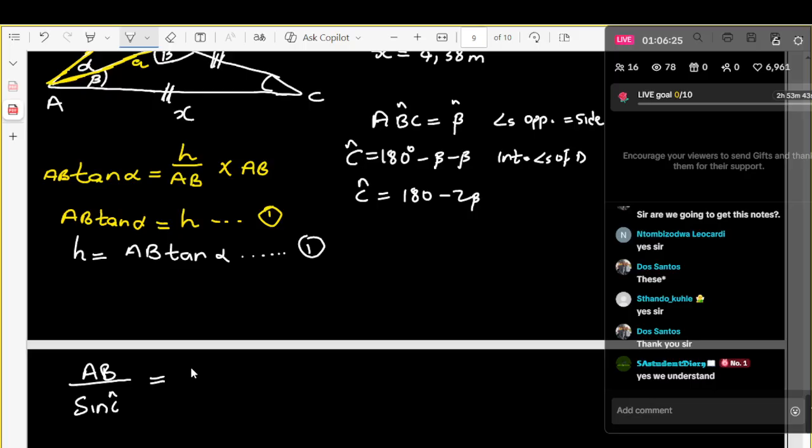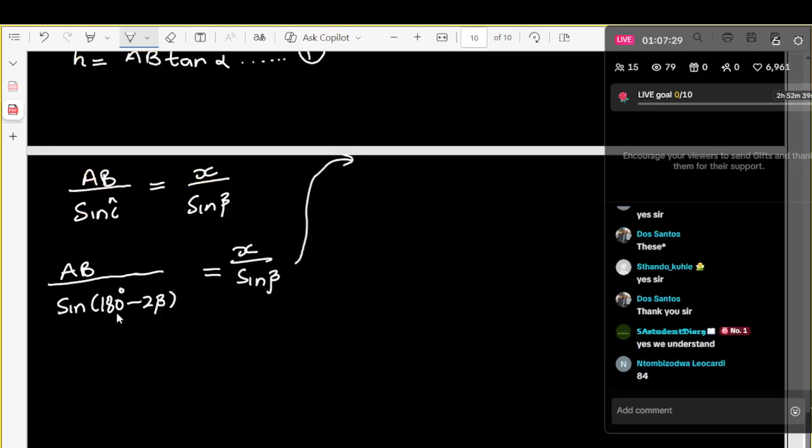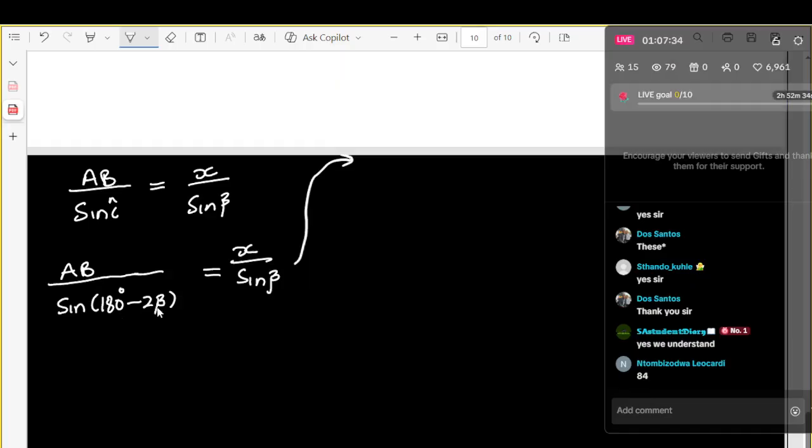You see why it is important to understand how to do the reduction formula. The sine of 180 minus theta is in quadrant 2, where sine is positive. So we can write this as AB over the sine of 2 beta, equated to x over the sine of beta.